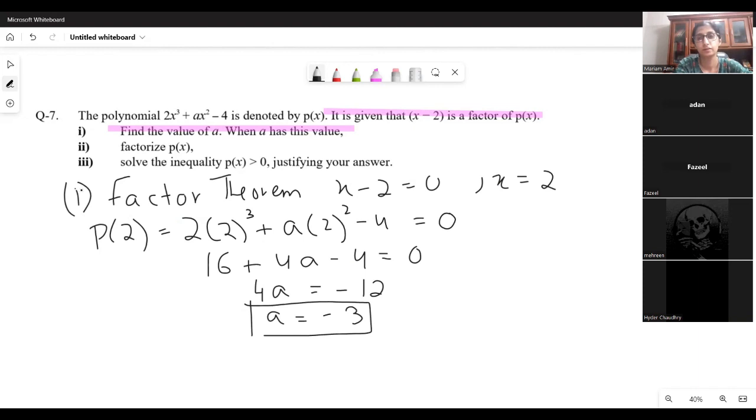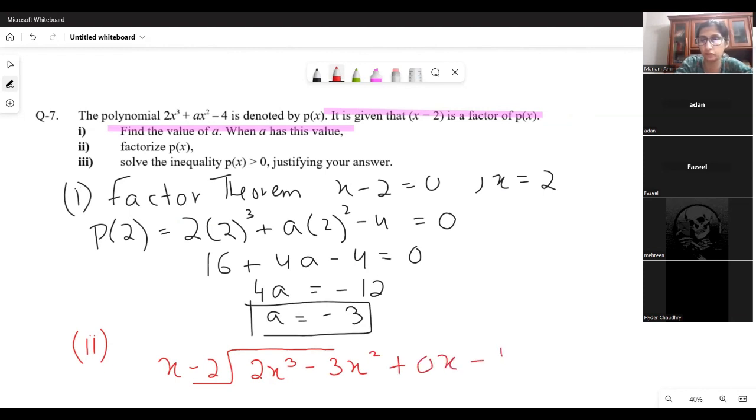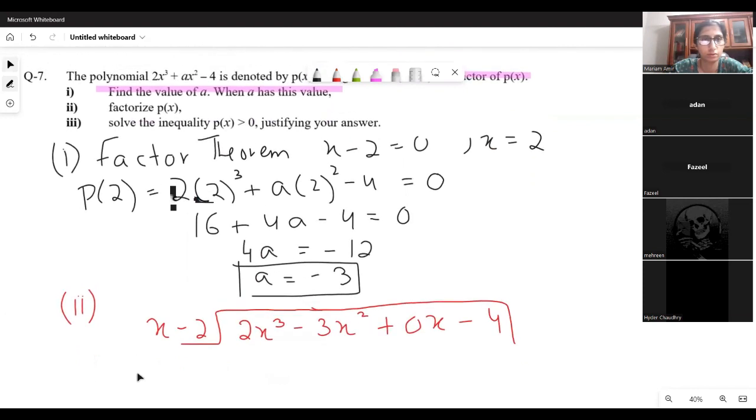Factorize p(x). What will we do for the second part? Long division. Yes, of x minus 2 and the given polynomial 2x cubed minus 3x squared plus 0x minus 4. 2x cubed minus 3x squared plus 0x.